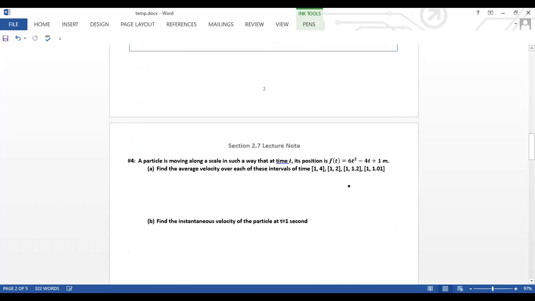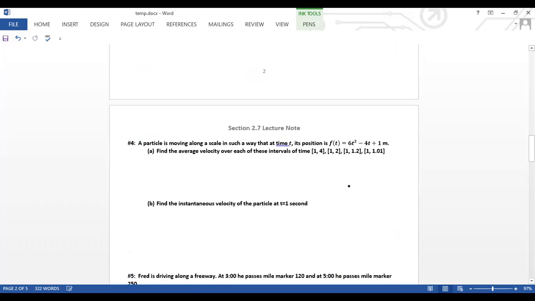Okay, so now let's take a look here. We have a particle moving along a line such that at time t, this is its position function. Now I want to find the average velocity over the interval from 1 to 4.